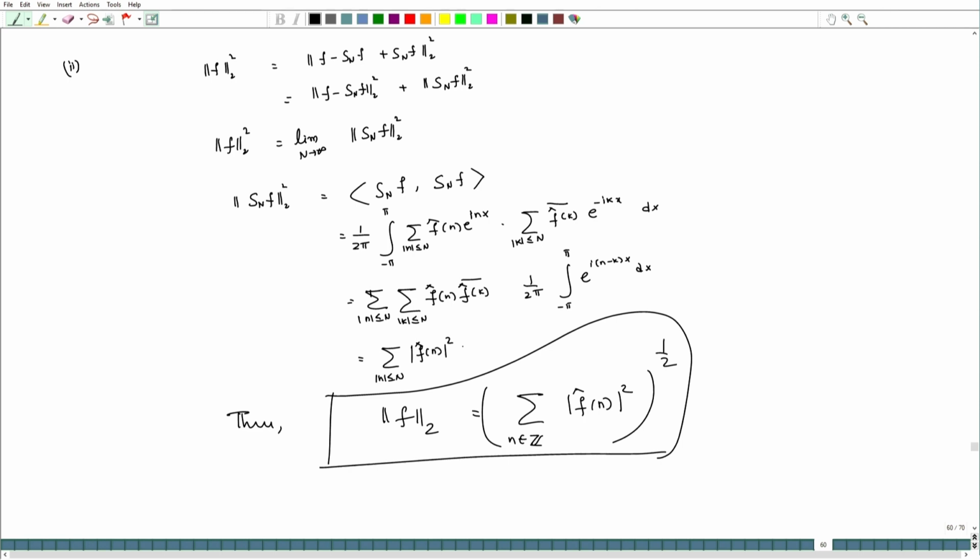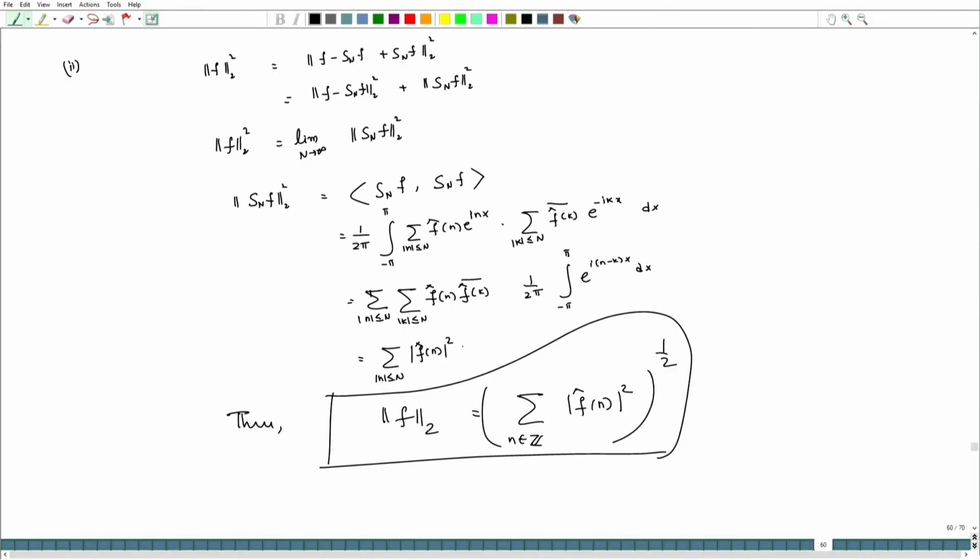Okay, so once you have this, as you can see, here we have assumed only that f is Riemann integrable, hence f is a bounded function and so on. But there is a technicality. So, here we have proved this.